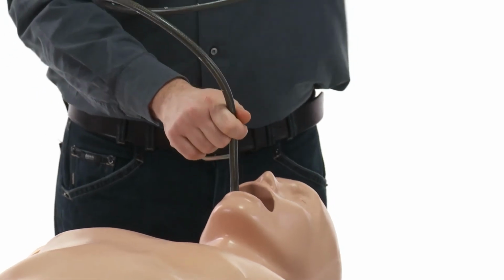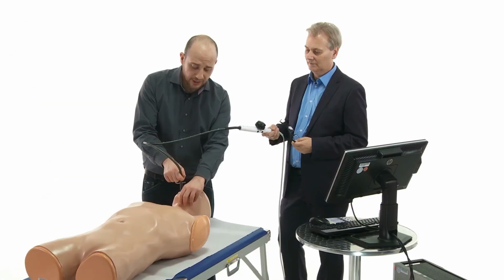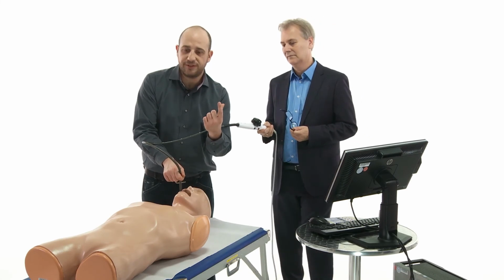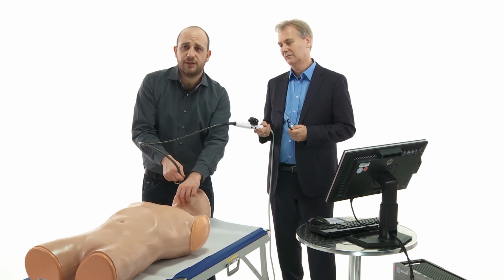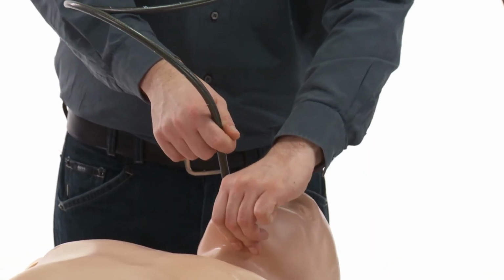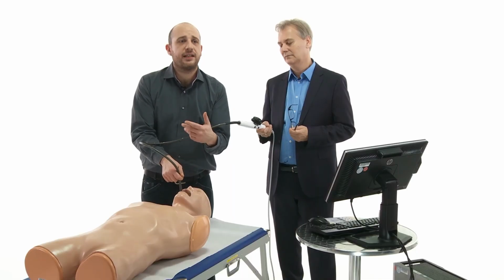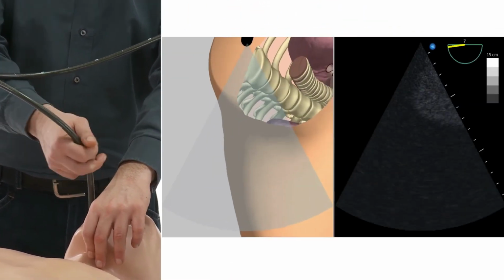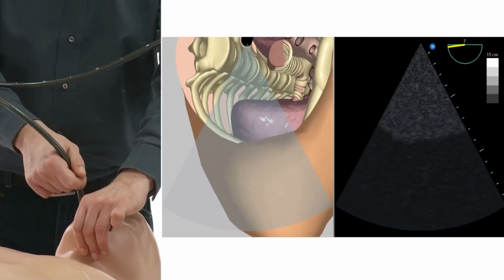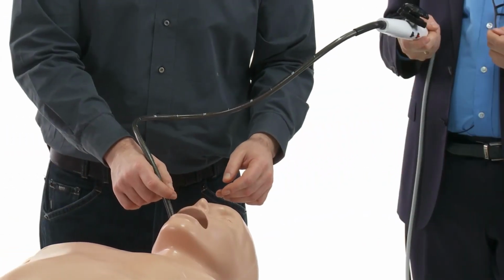As soon as the tip of the probe is in the patient's mouth, I put my two fingers here and I try to elevate the chin. When I do this movement, my fingers are like a laryngoscope. That means I will help the introduction of the probe in this way, and then the probe is inside.